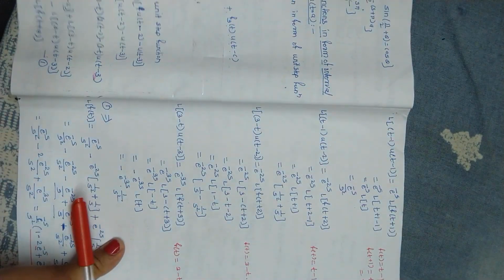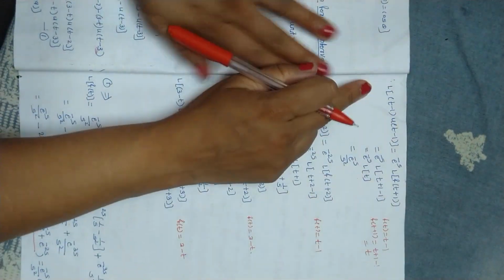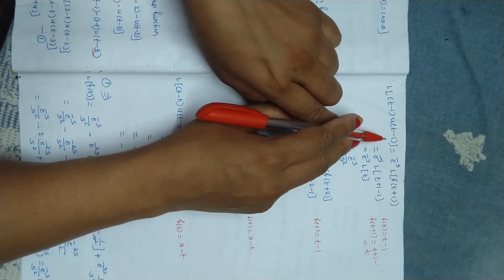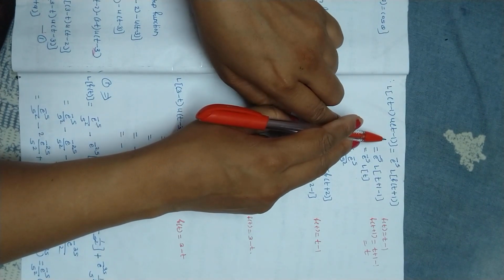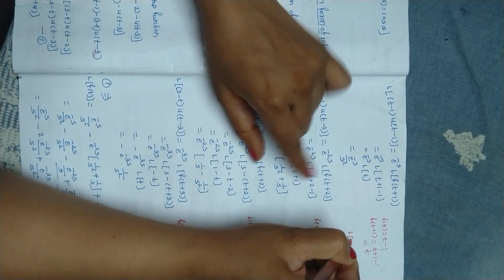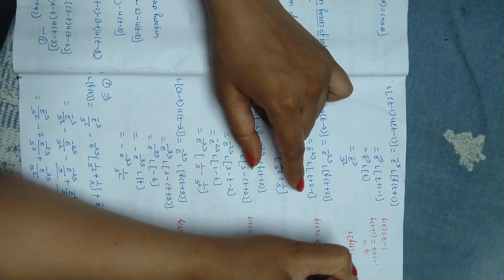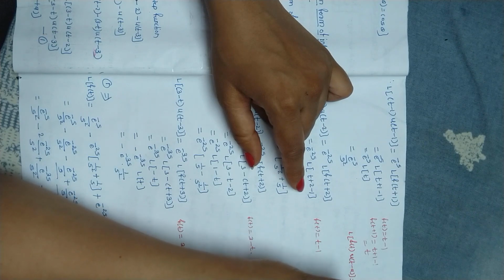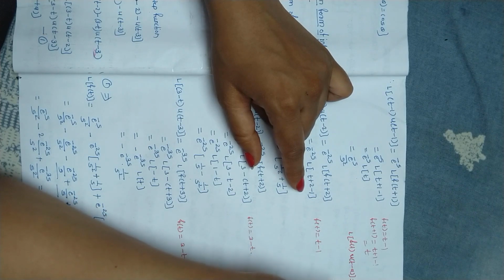Now consider first the Laplace of (t minus 1) u(t minus 1). How do we find that? By using a formula. What is that formula? L of f of t u of t minus a is nothing but e raised to minus as times L of f of t plus a, right?